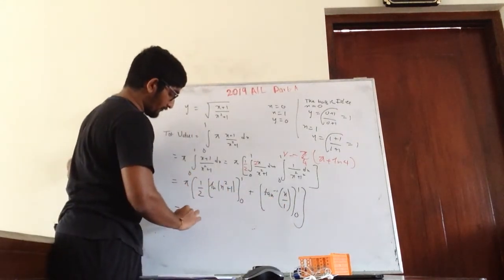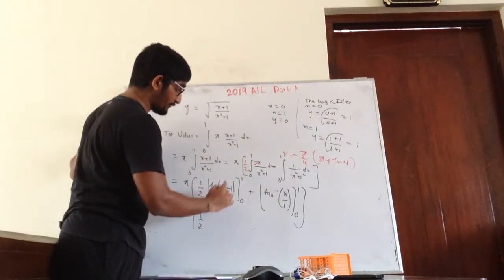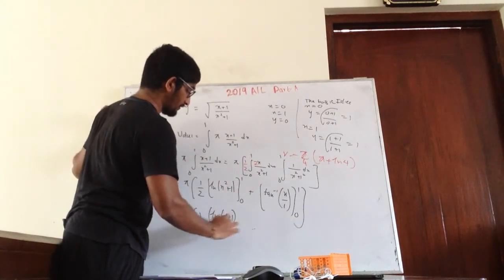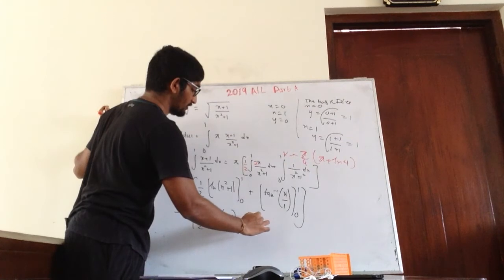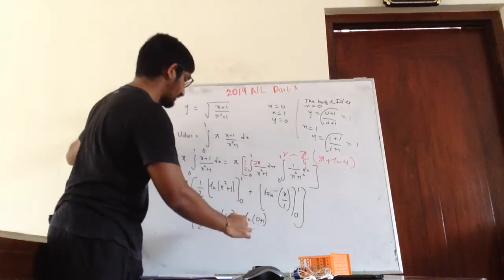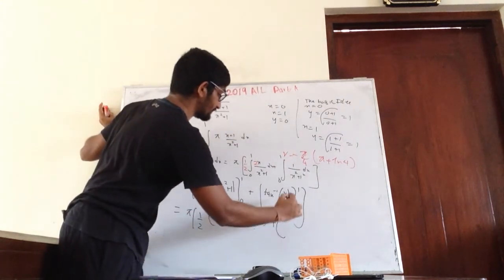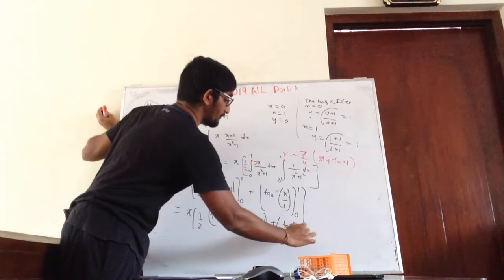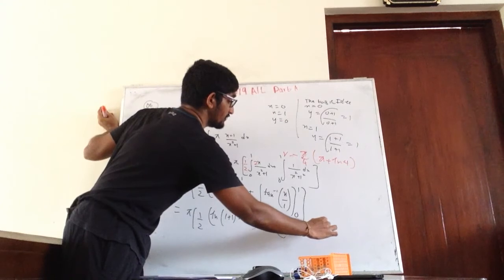So here I will get 5 times half of ln(1 plus 1) minus ln(0 plus 1). That is one thing, plus tan inverse 1 minus tan inverse 0.